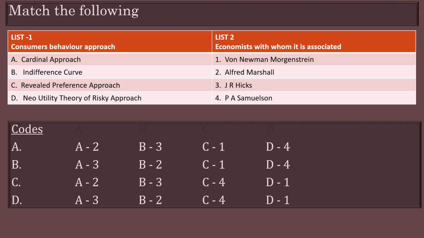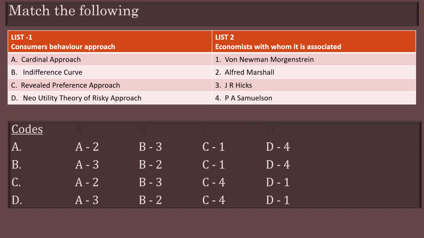Well, we shall go to the next item in the list. Indifference curve. J.R. Hicks. B is matched with 3. So it is there in option C. So there is a high possibility for C to be the correct answer. Anyway, we shall go ahead. Revealed preference approach.